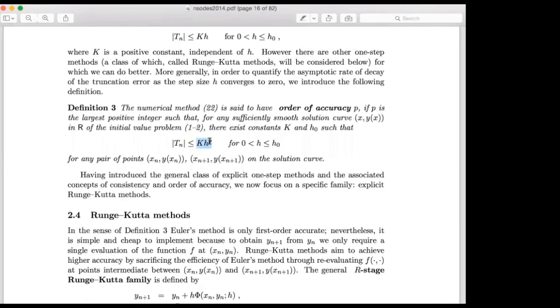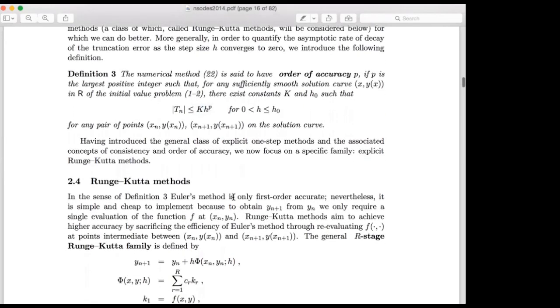Then we say that p is the order of convergence of the method. Whatever methods we have developed till now have maximum order of convergence 2.